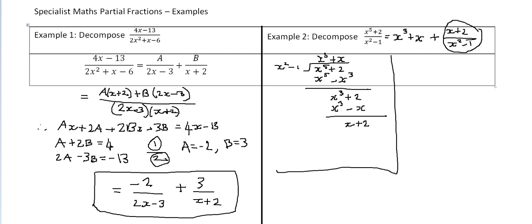It's pretty straightforward, x plus 2. That denominator is a pretty easy one to factorise. You should all be familiar with that one. It's the difference of squares. So this one is going to decompose into x plus 1 and x minus 1.